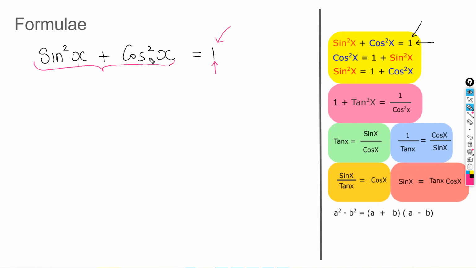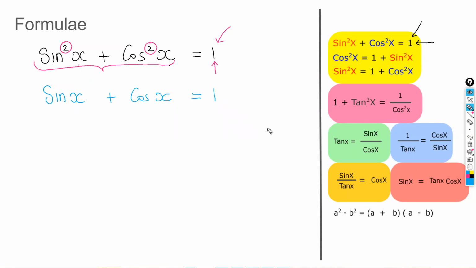It's also very, very important to note that this formula only works when you have a square. It doesn't work for cube. It doesn't work for any other power. One of the most common mistakes that I've seen is that sometimes in the exam, you'll see sine x plus cos x, and students think it's okay to replace this with 1.